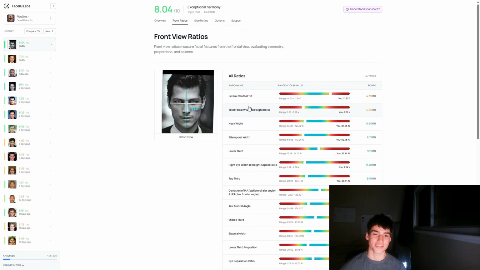Surprisingly, it's actually his canthal tilt. His overly positive canthal tilt, which would usually be a positive, but it's a negative now, like I was stating earlier. And then just a slightly longer face. So a slightly longer face and a canthal tilt, and his neck's a little bit bad.